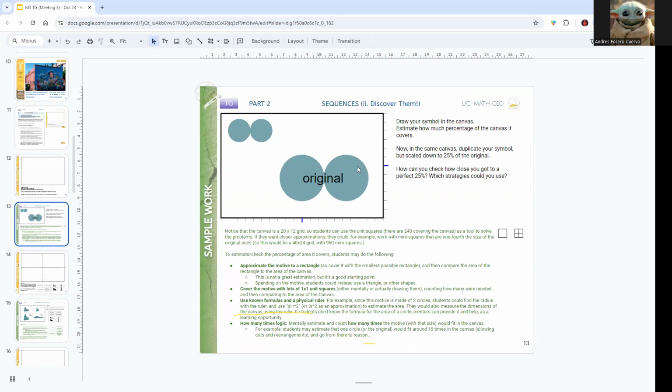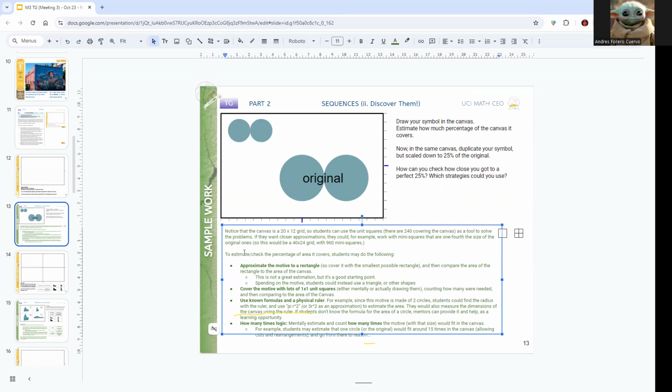So say this would be the original, and this would be the scale copy. As far as estimating or checking the percentage of area that it would cover, either the original or the scale copy, they could, for example, approximate the motive to a rectangle. So that would mean covering this motive with a big rectangle in a minimal way.